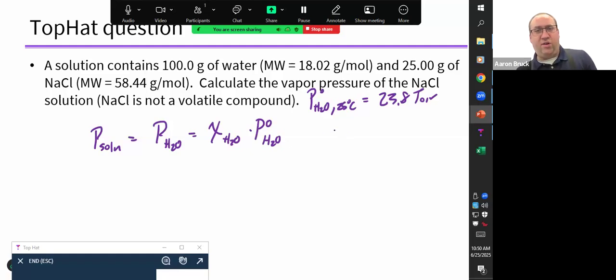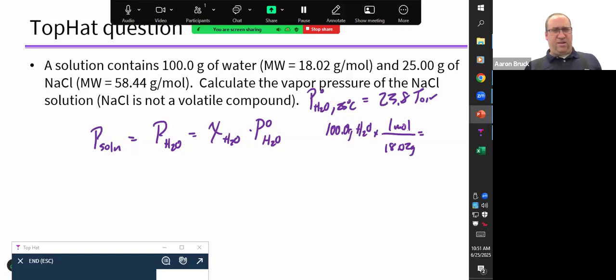The only thing we're missing is we don't know what the mole fraction is yet. So with 100 grams of water, we need to convert that into moles, and we get 5.549.